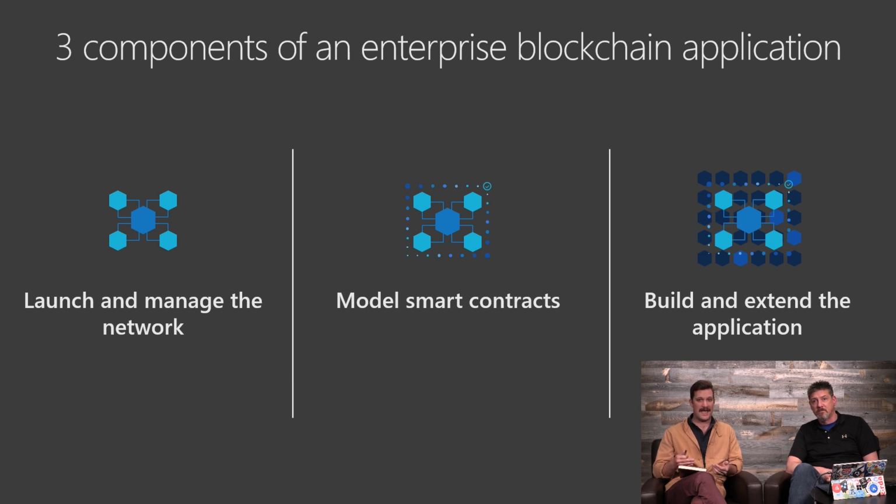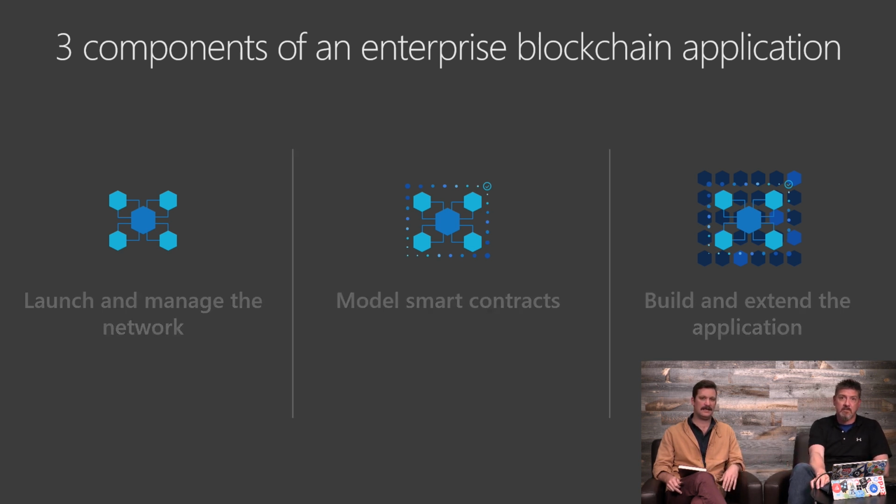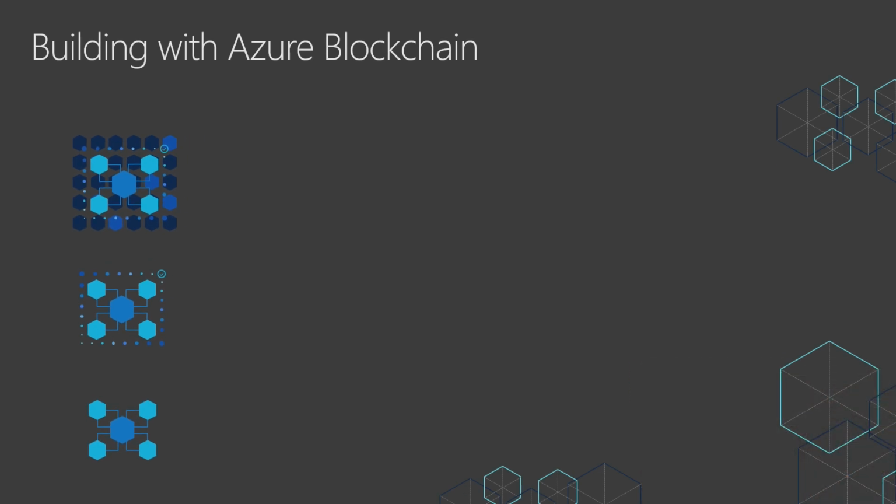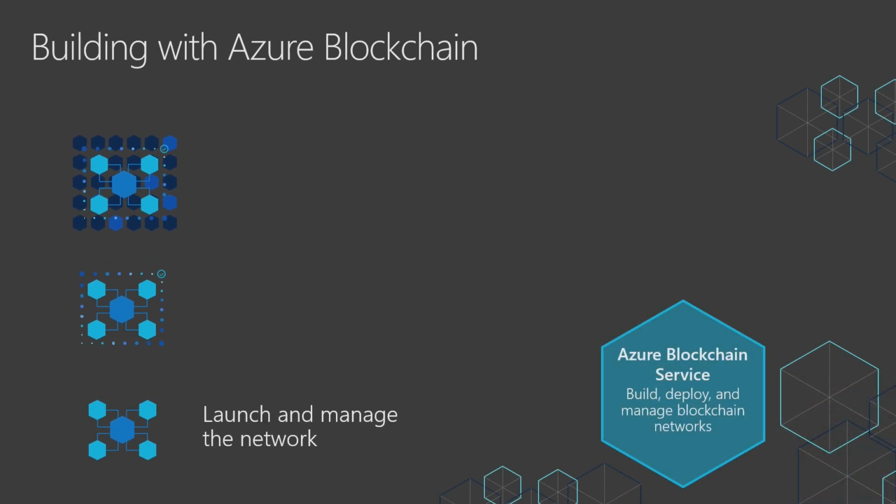So in Azure, what we've been working on and what we're introducing this week at Build is a set of offerings that can help you do these 3 things. The first at the bottom is Azure Blockchain Service. It helps you create, launch, deploy and manage your underlying blockchain infrastructure.